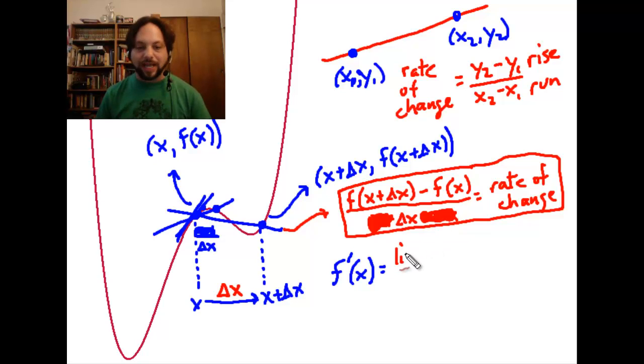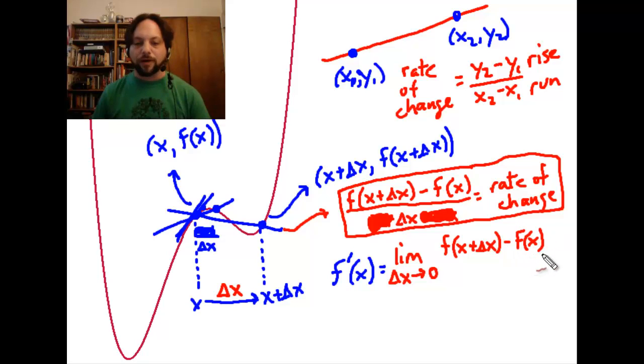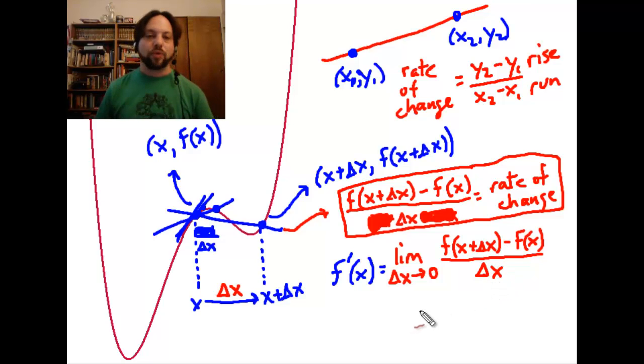However, what I can do is explore the limit of that function as delta x approaches 0. And that is going to give me the definition of a derivative. This is a formula that you've probably seen before. You probably worked with this formula in pre-calculus, although you didn't know it held any special relevance at that point.